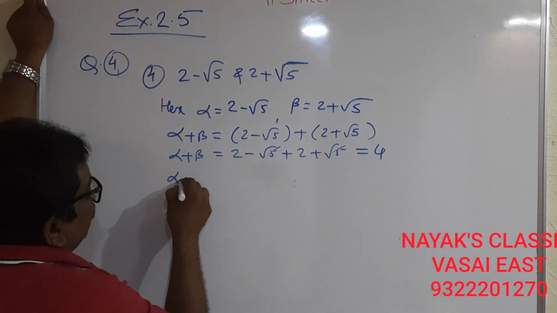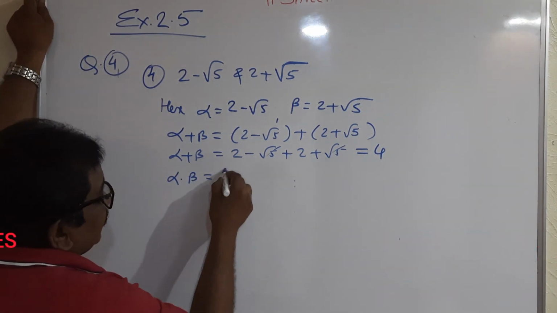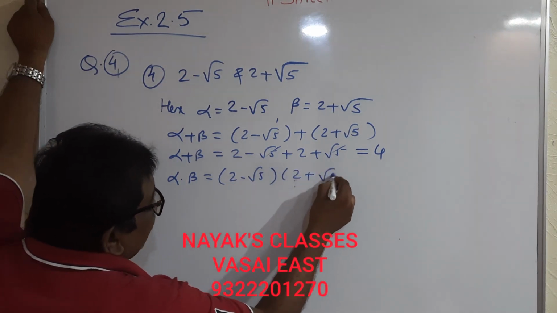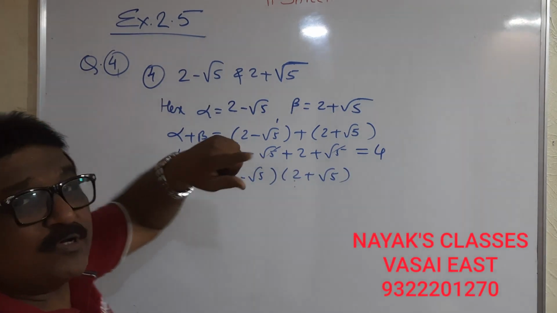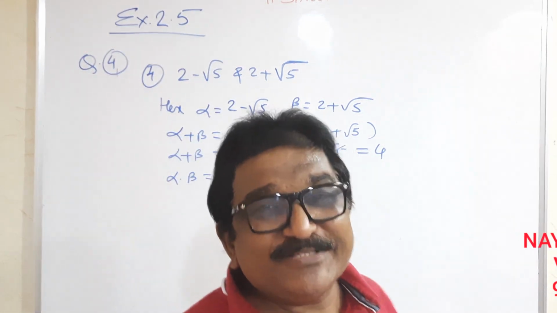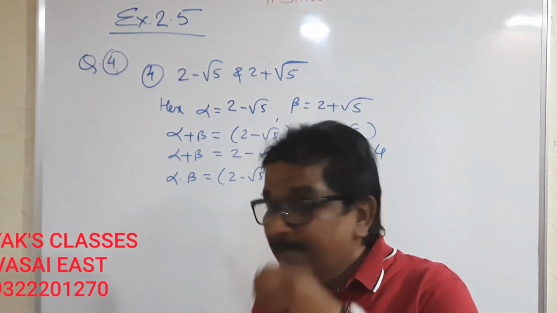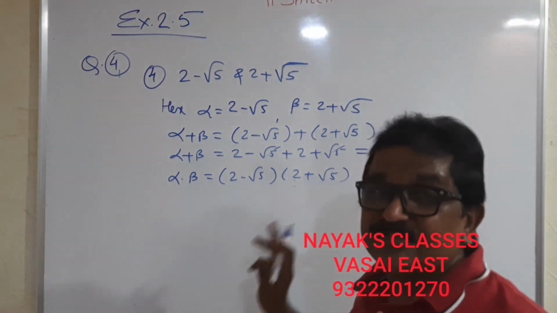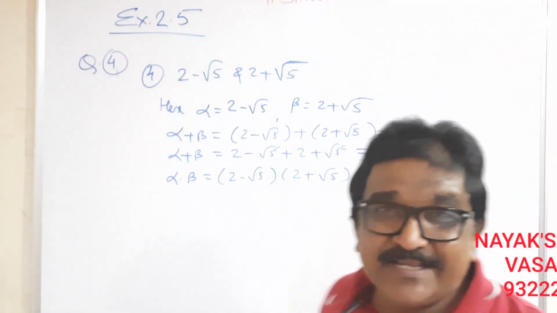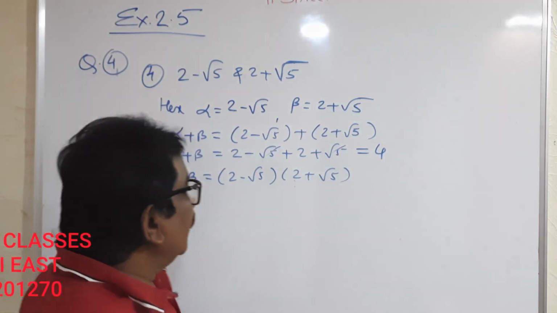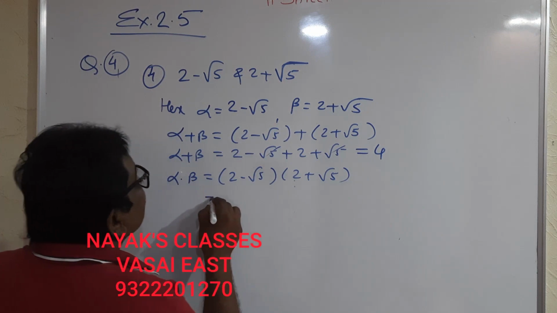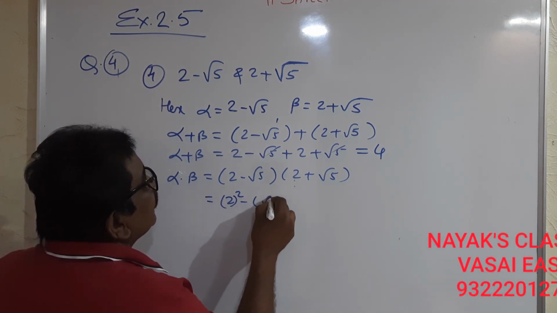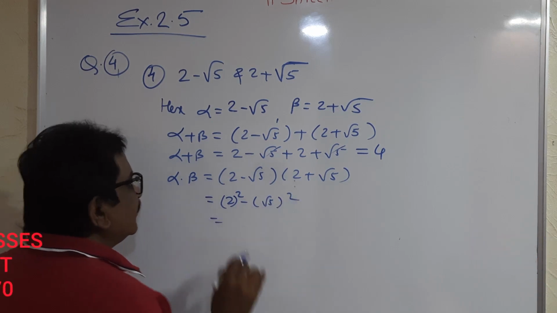Now alpha into beta is equal to 2 minus root 5 and 2 plus root 5. Have a look carefully. It is a plus b, a minus b. A minus b and a plus b. So an identity will be formed. What identity? It will be 2 square minus root 5 the whole square.